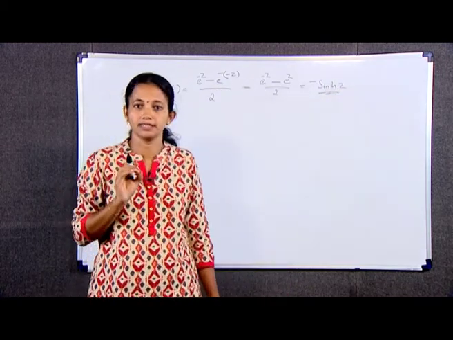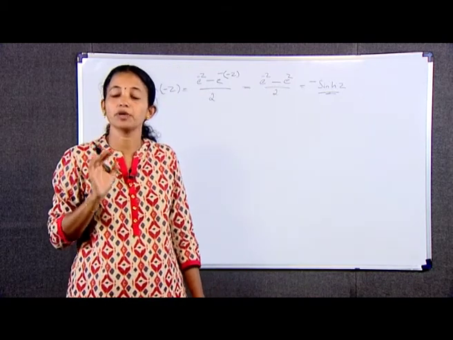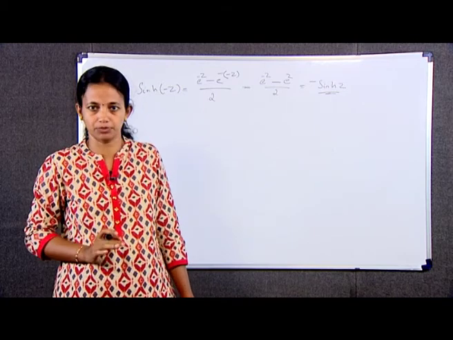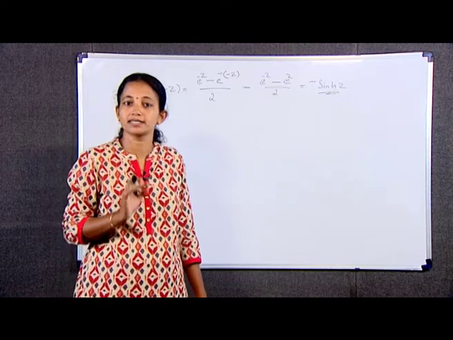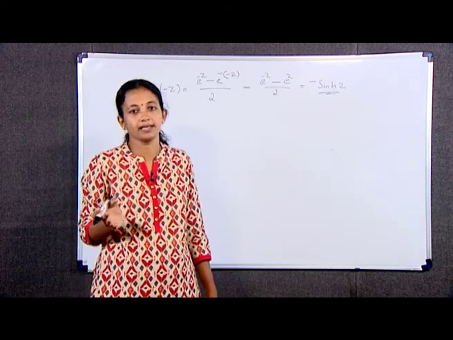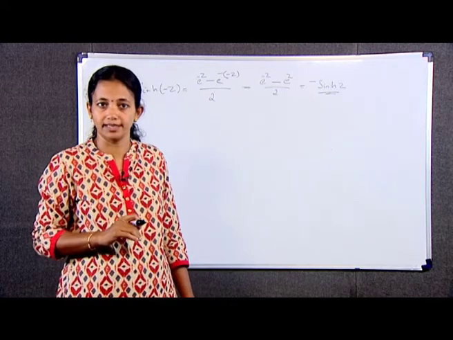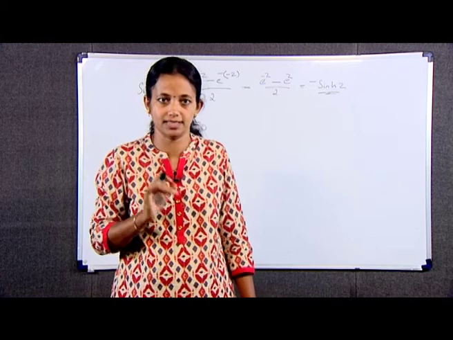The above identities involving hyperbolic sines and cosines can be obtained from the trigonometric identities obtained in the previous chapter. Using the same, we prove some of the identities listed above, leaving the remaining as an exercise. First one: in the trigonometric identity, sine of minus z is equal to minus sine z.